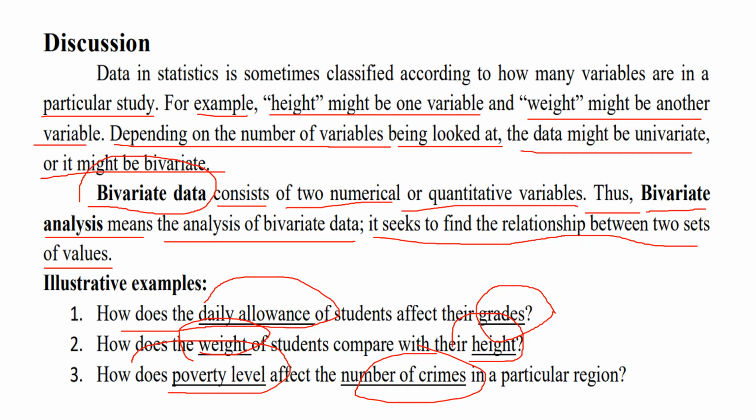That's why when the poverty level increases, most probably the number of crimes also increases in a particular region. But it doesn't mean that when the number of crimes increases, the poverty level also increases. So there can still be the involvement of independent and dependent variables.